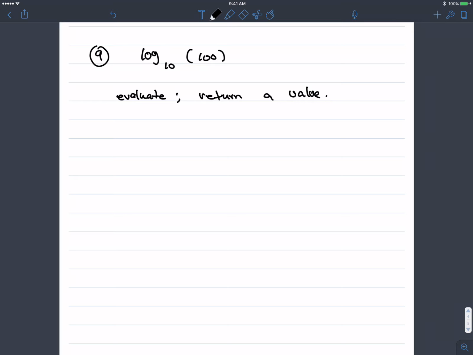Now, in order to do this, we're going to have to use the definition of logs. So let's recall that log base b of anything equals some value. This statement is equivalent to the base to the square power equals our triangle.